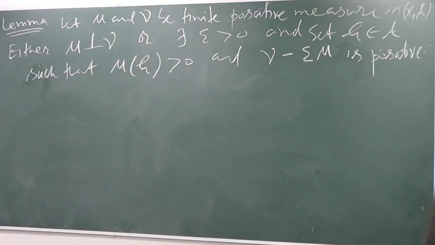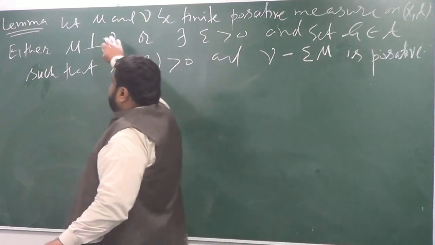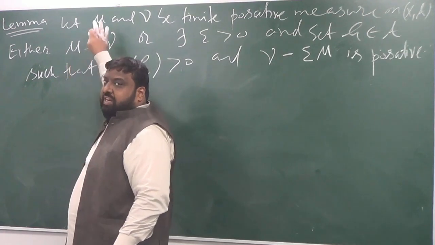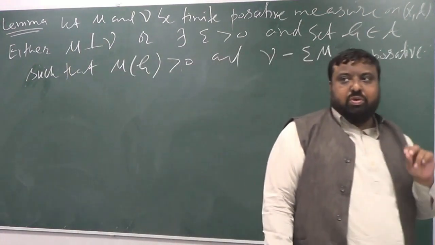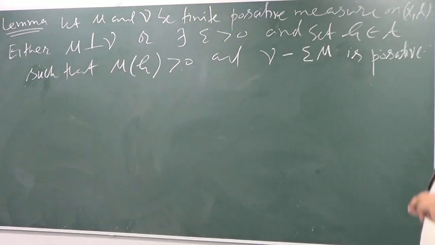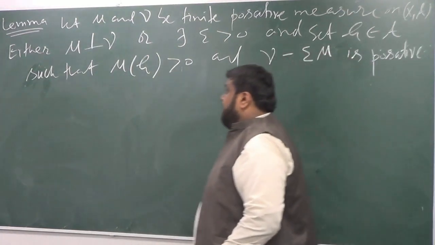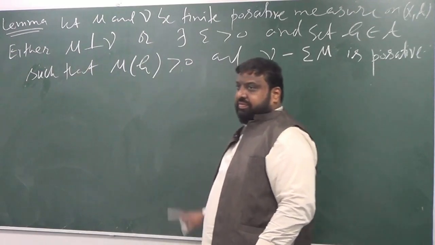Let's try to make sense of this situation. So for any two given finite positive measures, one of two possibilities must be true. Number one, either both are mutually singular.